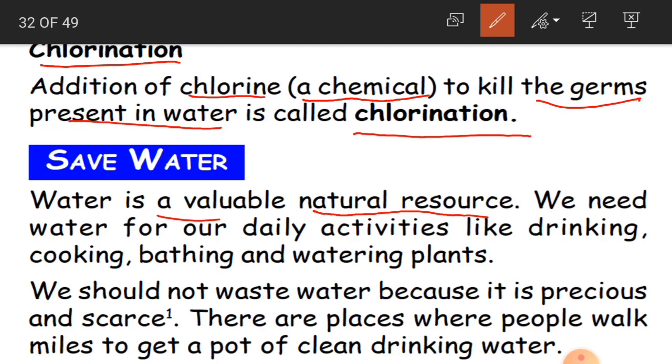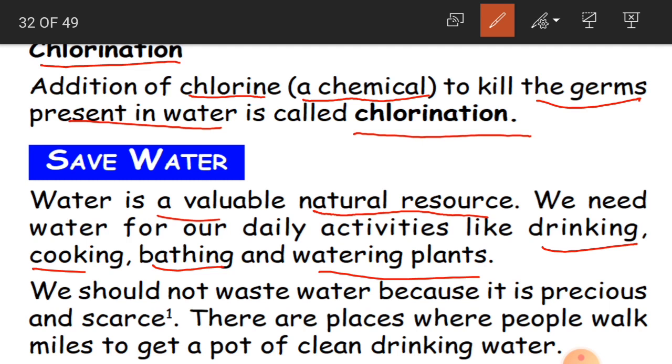And why do we need water, children? We need water for our daily activities, like drinking, cooking, bathing, and also watering plants. We have plants in our houses. Not only plants, even in the agriculture fields, farmers need water for watering their crops. For all these purposes we need water, and we should not waste water because it is precious and scarce.